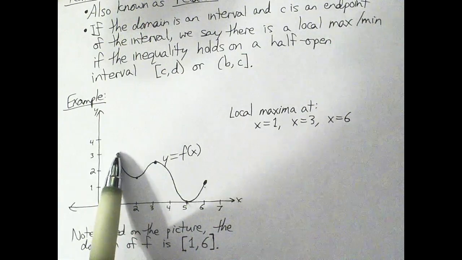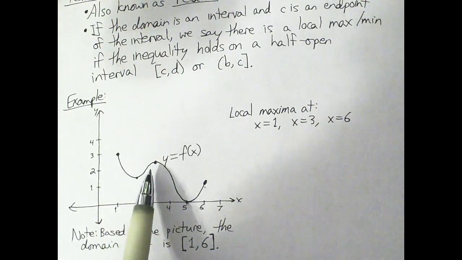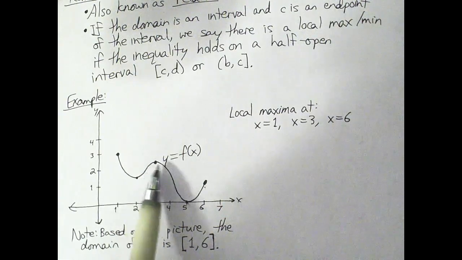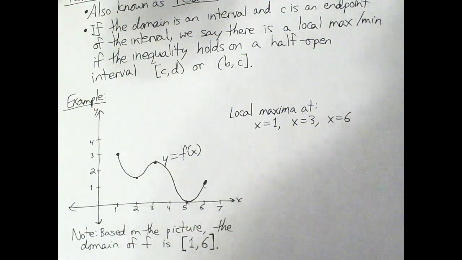So yes, that is a location where a local maximum occurs. There's a local maximum at x equals 1. There's also one at x equals 3, because that's the top of this hill, and the surrounding values are less than or equal to it. And then there's a local maximum at x equals 6, again, because the neighboring values on the curve are less than or equal to it.